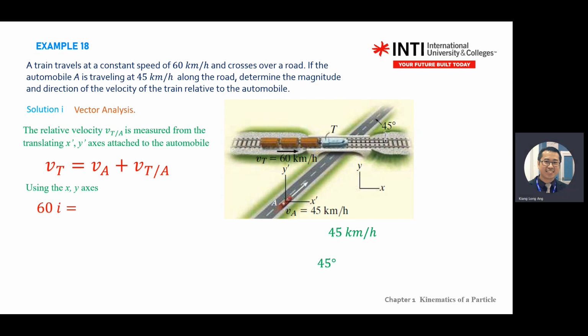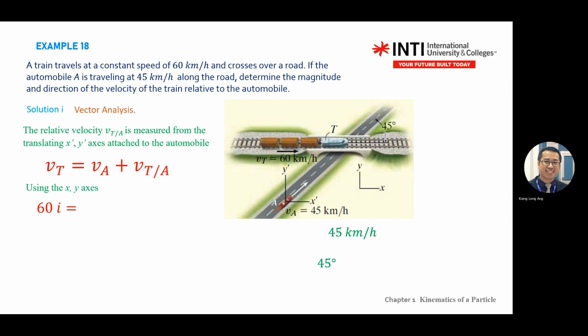Right? So what about your V A? Your V A is 45 and the angle is 45. You are given a vector with 45 degrees. This is 45 kilometers per hour. You can break it into x and y components. This component in the x direction is 45 cos 45.